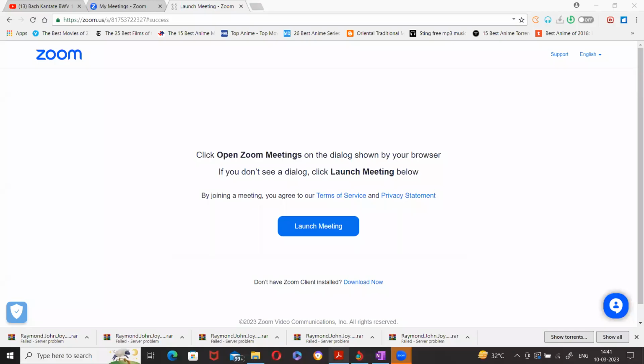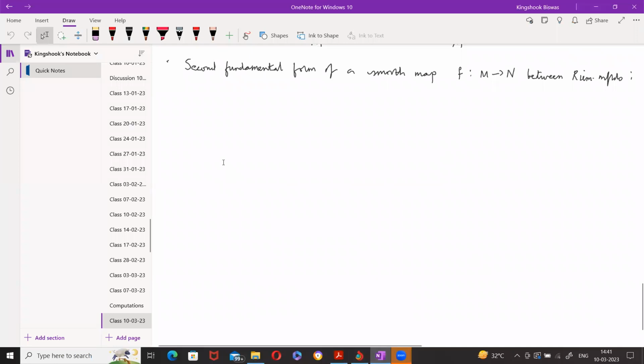Okay, so let's continue. Okay. So we want to understand what is the second derivative of a smooth map between Riemannian manifolds. So I have F from M to N, a smooth map.